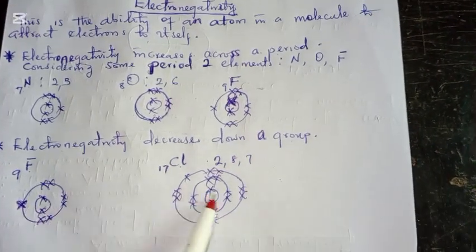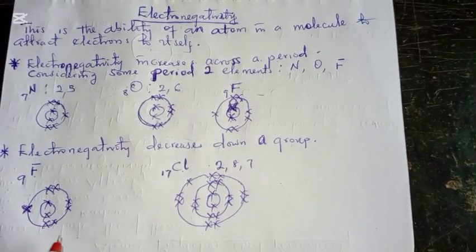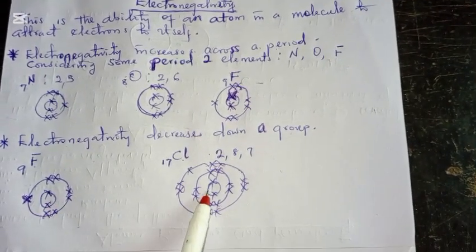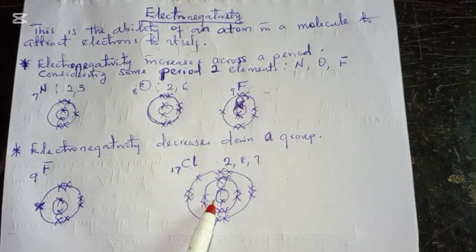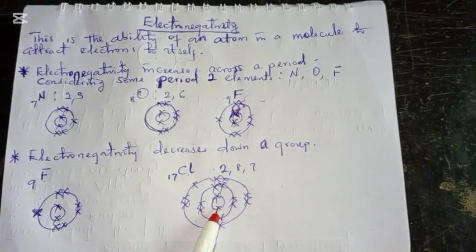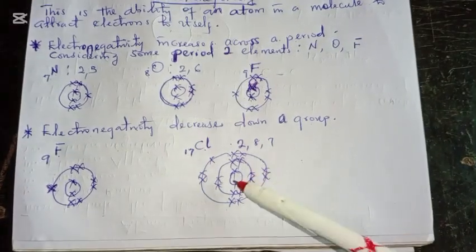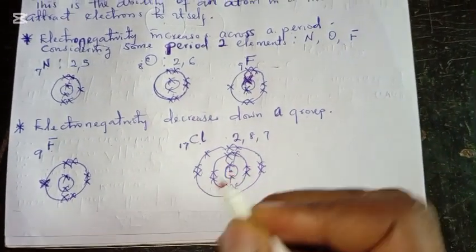Now comparing these two shell diagrams, you notice that the number of shells we have for fluorine is 2, while the number of shells we have for chlorine is 3, which means that chlorine's electrons move further away from the nucleus compared to fluorine.